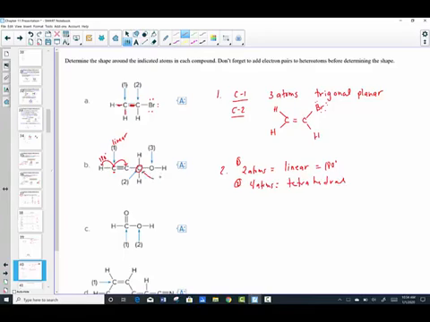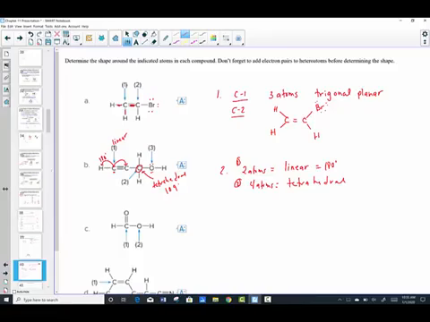So this bond angle on the carbon, being that it's tetrahedral, would be about 109 degrees. This oxygen is missing its electrons, so be sure to add the 2 sets of pairs there.